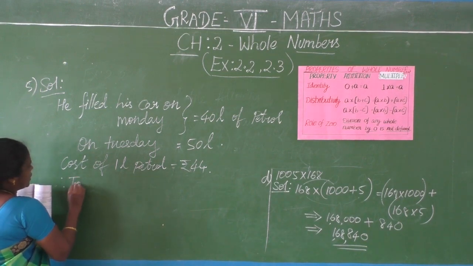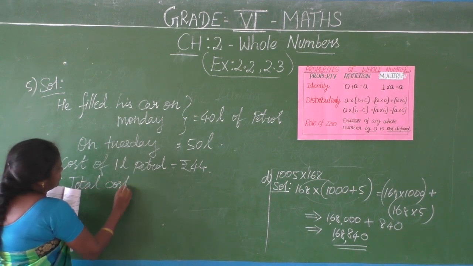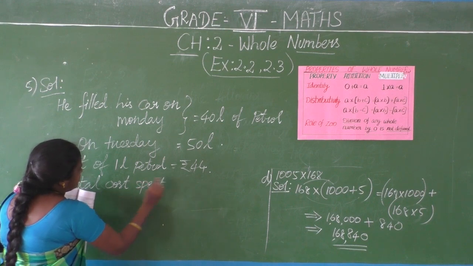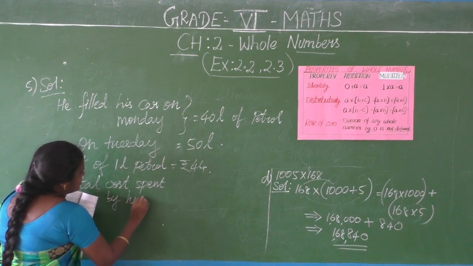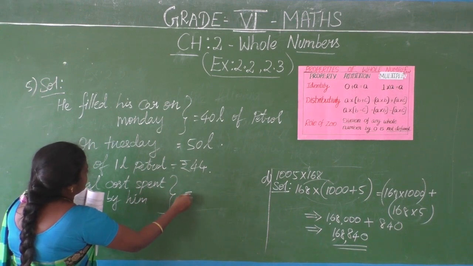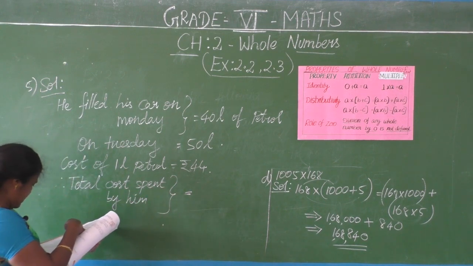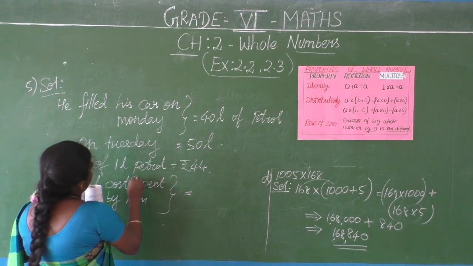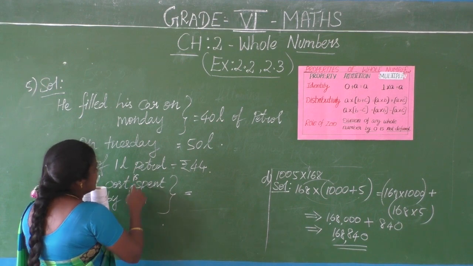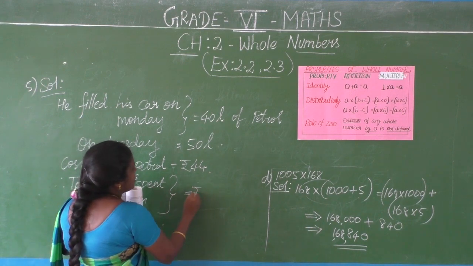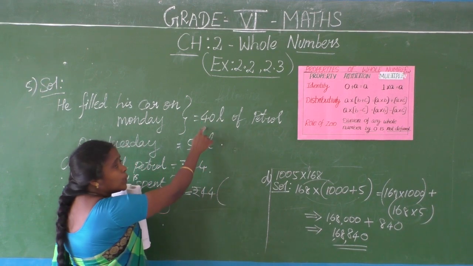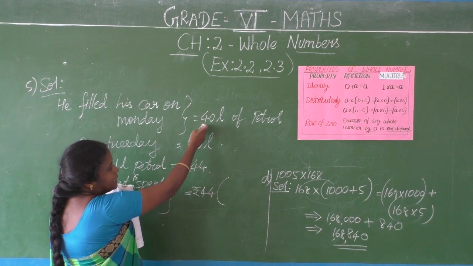Therefore, the total cost spent by him is: how much? 44 rupees into 2 days' petrol liters.